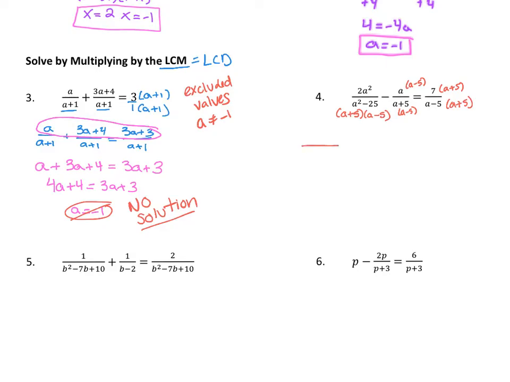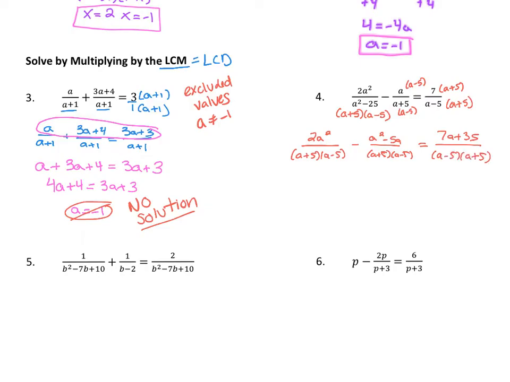Because then I will have 2a squared over a plus 5, a minus 5, minus a squared minus 5a over a plus 5, a minus 5, equals 7a plus 35, all over a minus 5, a plus 5.